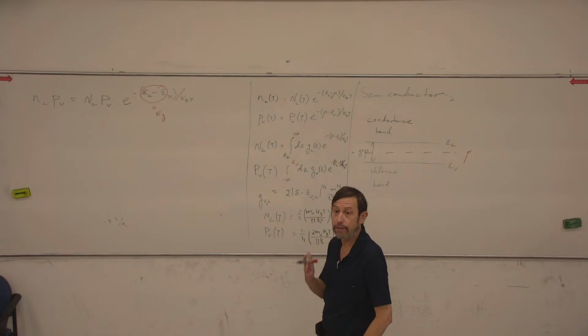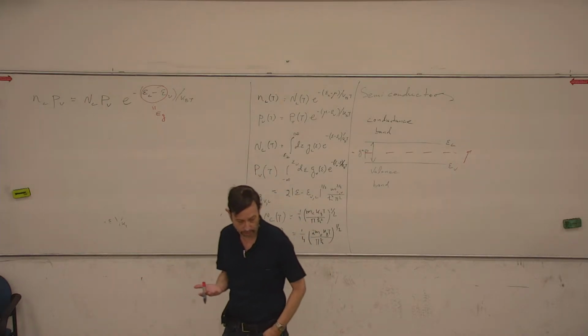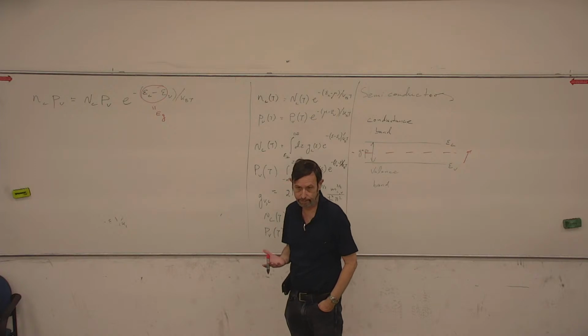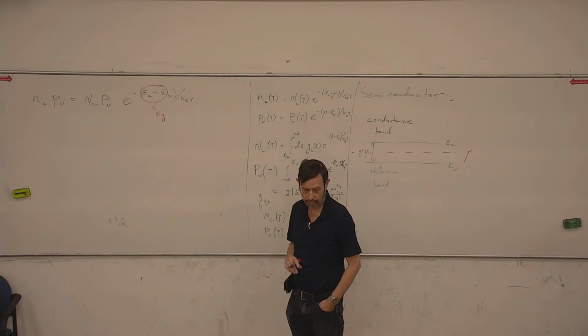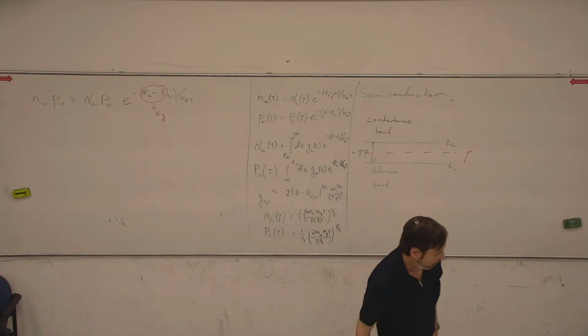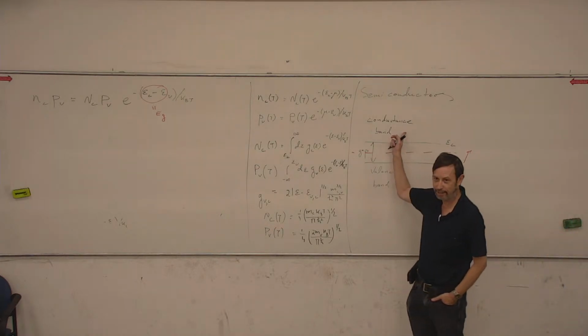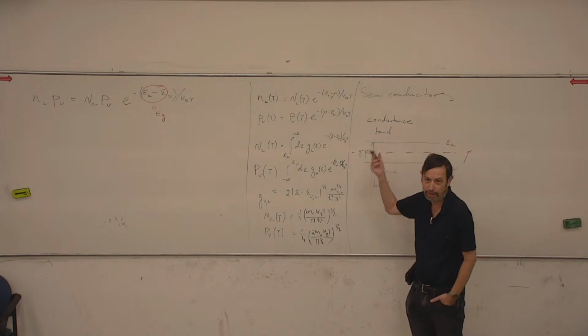Okay, if I have no impurities and I don't inject charge from outside, what do I know? The number of holes is the number of electrons. Exactly. The only way that I can get a hole is the fact that it was created by moving this electron to the conduction band.